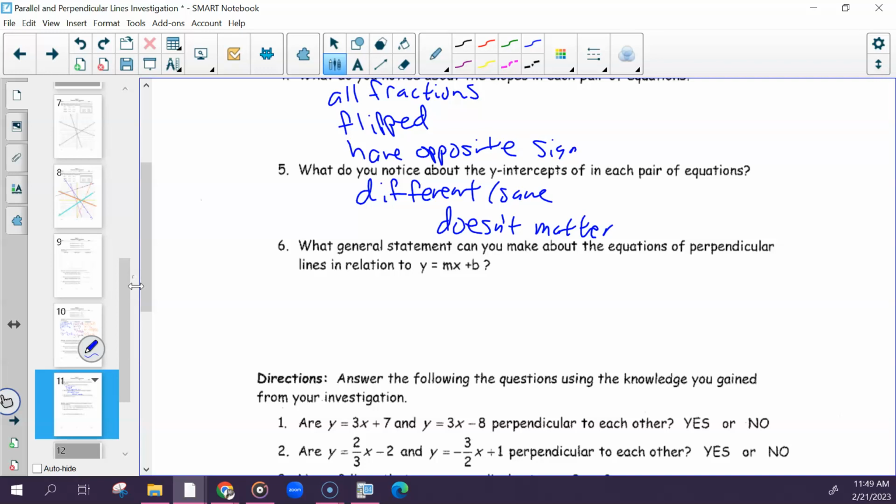Okay, and? Okay, so that would be part of it. And then what do we say about the y-intercepts?